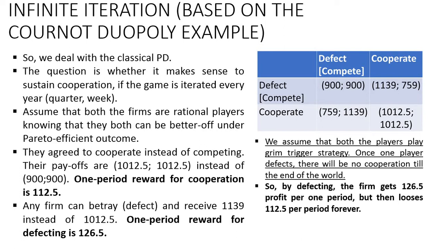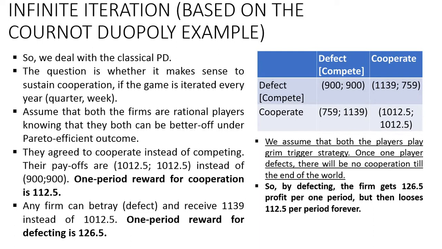And let us also assume that both players play a grim trigger strategy. So let's say once one player defects, there will be no cooperation till the end of the world for the second player, and then accordingly it will make no sense to cooperate for the first player as well. So in simple words and in short, once any player decides to defect, cooperation makes no sense and there will be no cooperation.